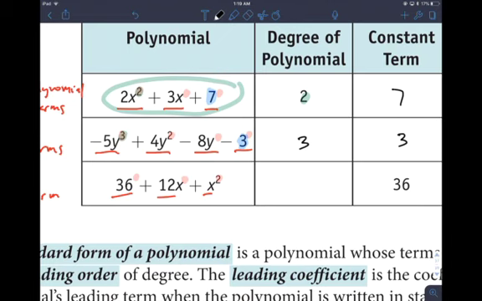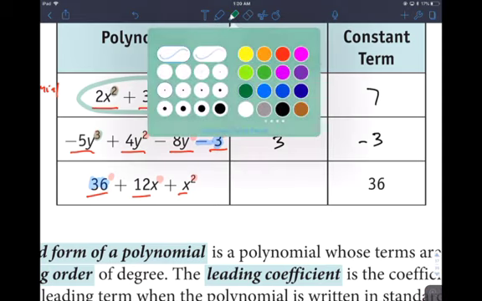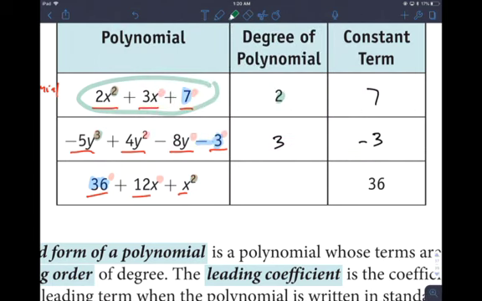Sorry, -3, the constant term. I forgot to incorporate the sign, -3. So notice that in the last polynomial, the constant term is 36. This is the term that has no letter next to it. And the highest power that we see is this one. So it means that this polynomial has a degree of 2.